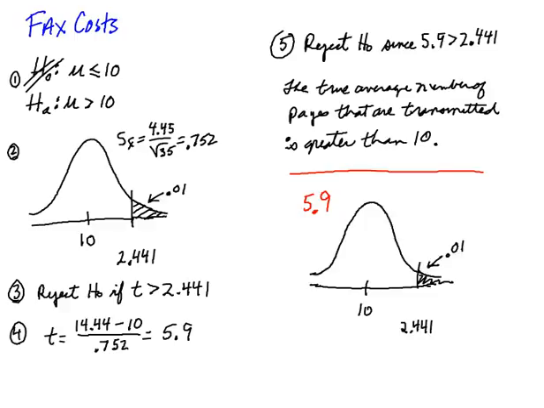If we look at the sampling distribution, that t-value 5.9 is going to indicate to us that our 14.44 sample average is so far to the right of our distribution here that my p-value is really essentially 0.